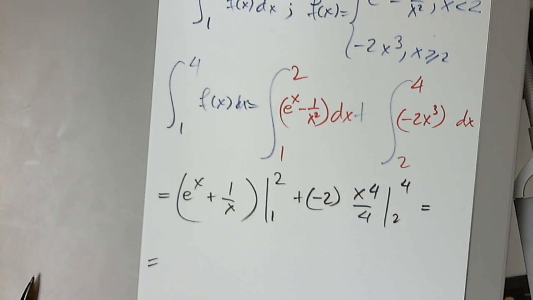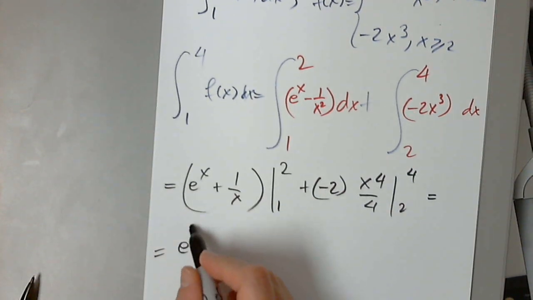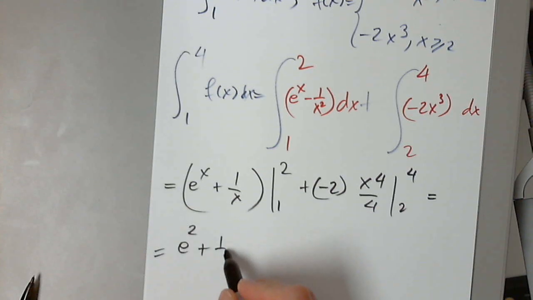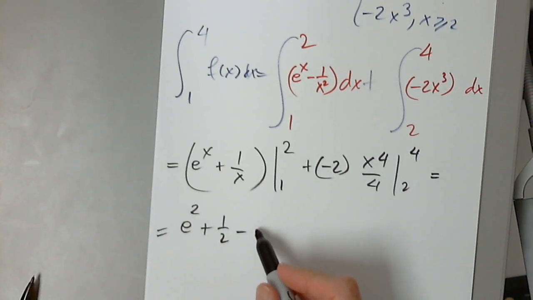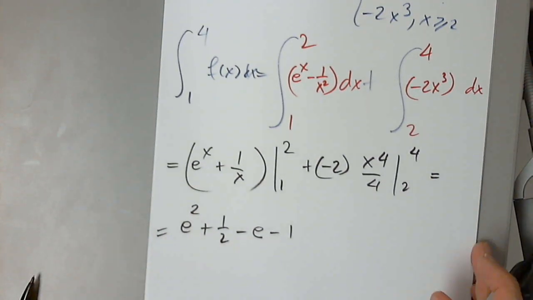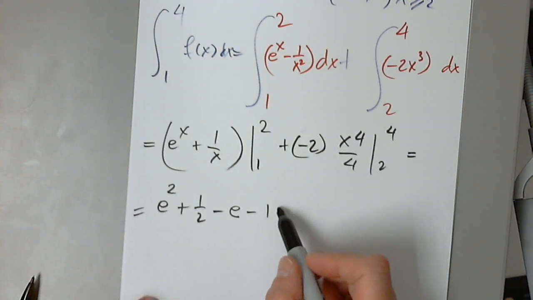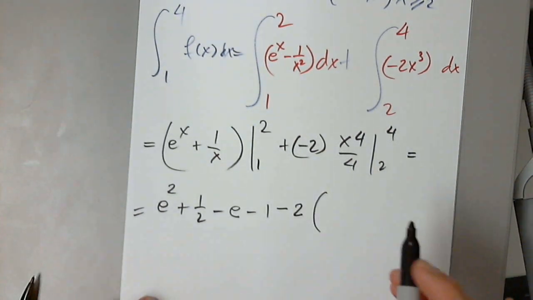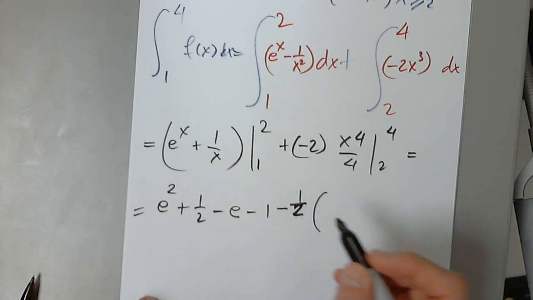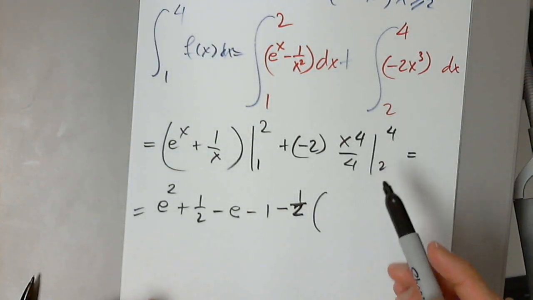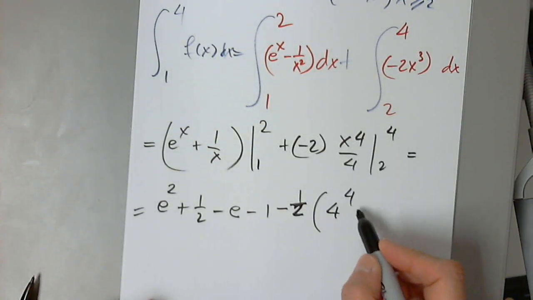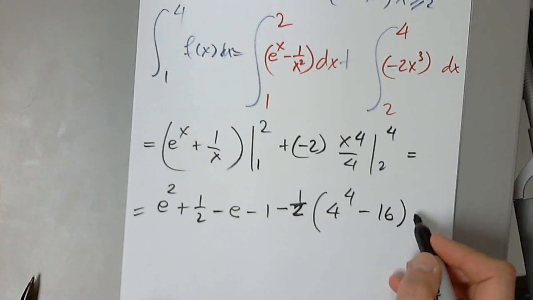Okay, we plug in 2, and we get e squared plus 1/2 minus e minus 1. Then minus 2, leave it at, negative 1/2, sorry. Negative 1/2, leave it alone, and 4 to the 4th minus 2 to the 4th, which is 16.